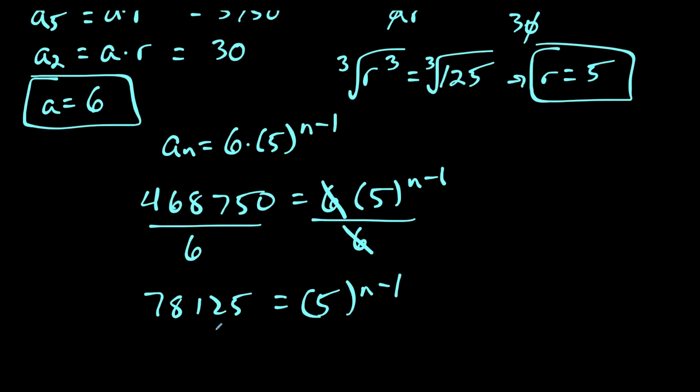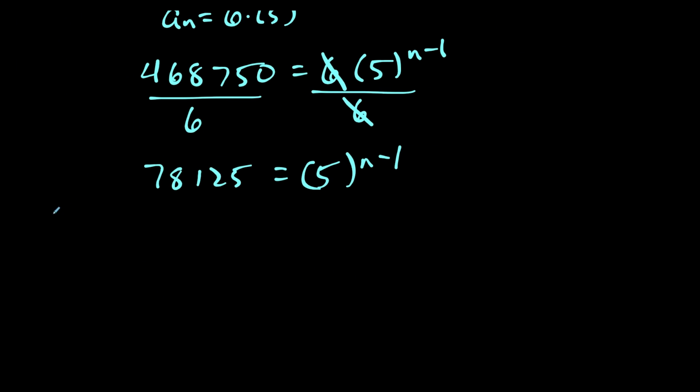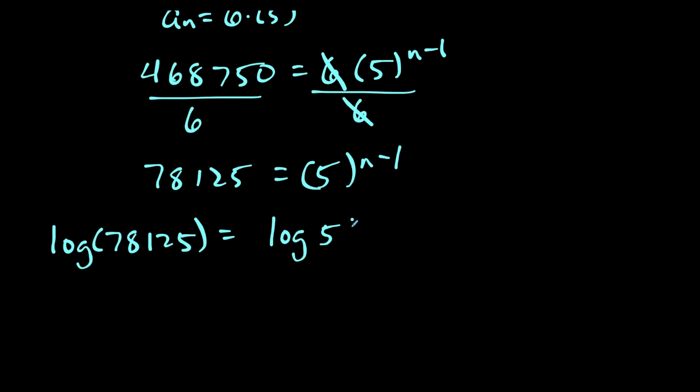One thing would be to just keep breaking this down to a power of 5. You could just divide this by 5 repeatedly and do a common base solve. Otherwise, what we could do here is take the log of both sides. And if we take the log of both sides, that's going to give us log of 78,125 equals log of 5 to the n minus 1.